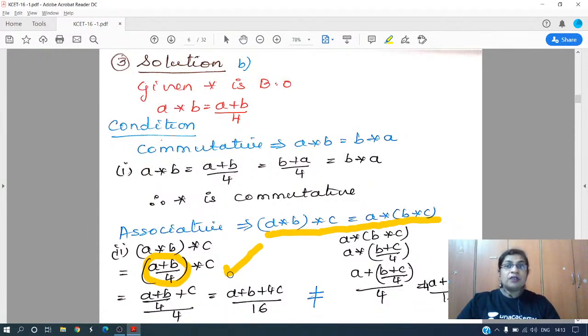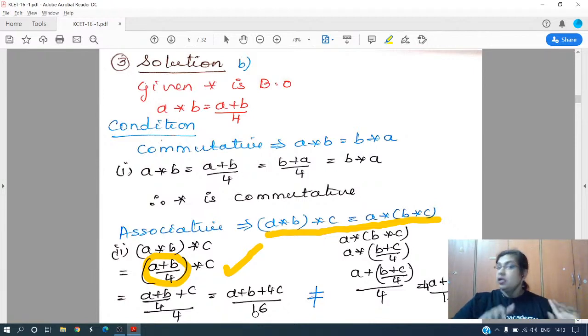Who is there in the place of A now? In the place of A, I have (A plus B) by 4, plus write the second number C, whole divided by 4. When you take the LCM, the LCM is 4. So what will you get here? A plus B plus 4C, and that LCM will join the denominator, so you are getting 16. So the left side is done.